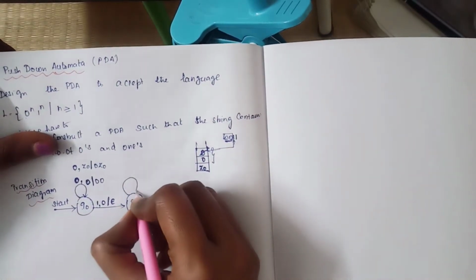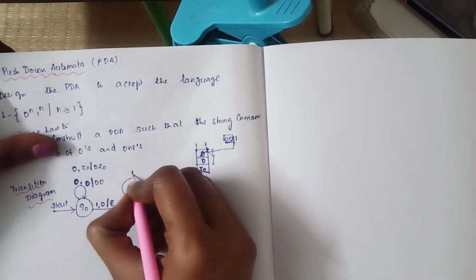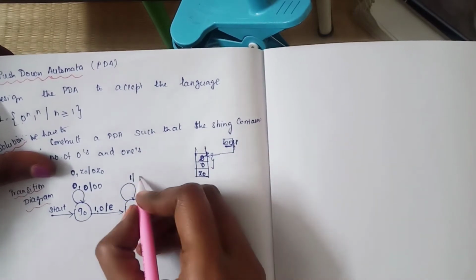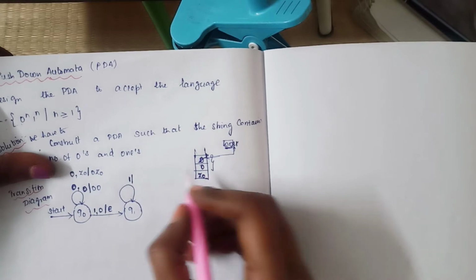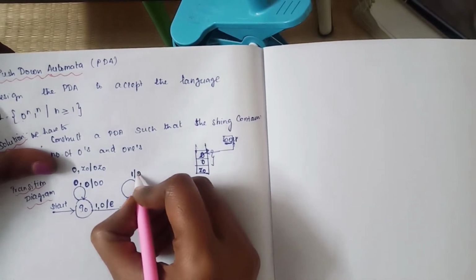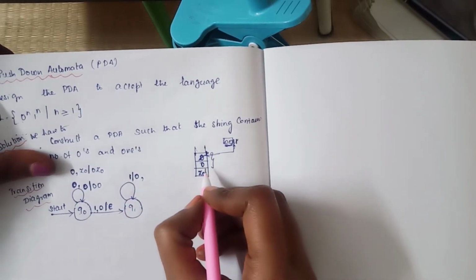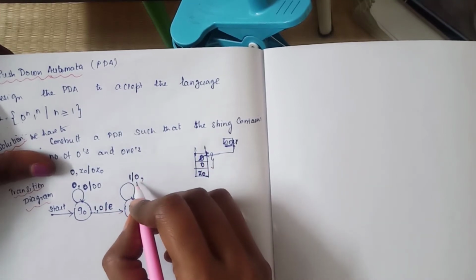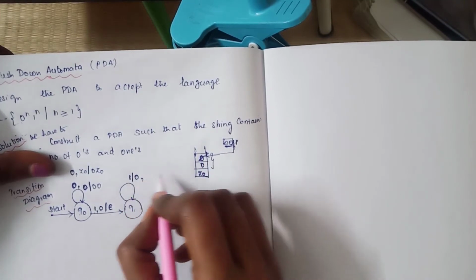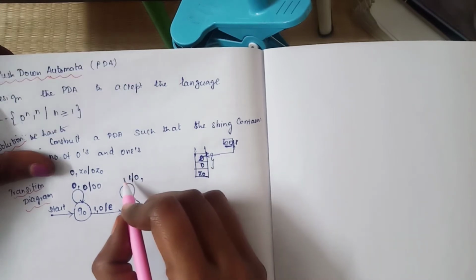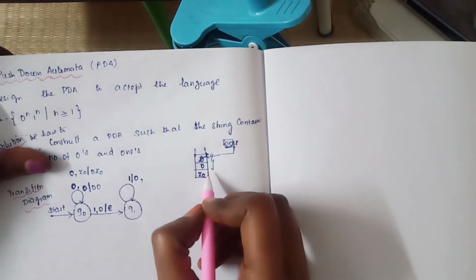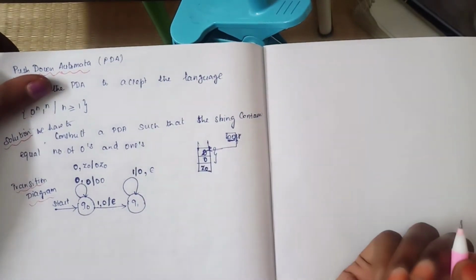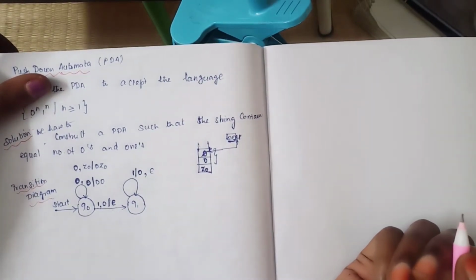Again I have input symbol 1 and the top of the stack is 0, and after giving the input 1, the stack change will be epsilon, right?